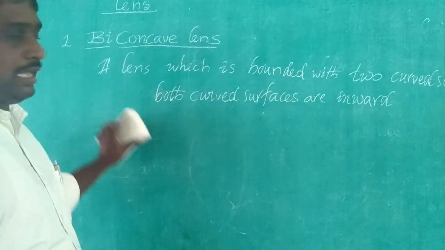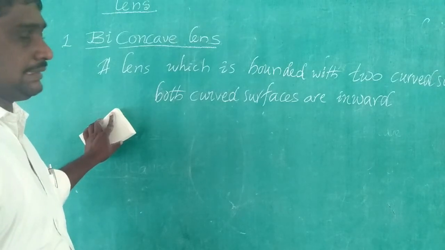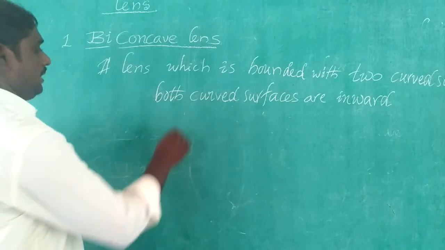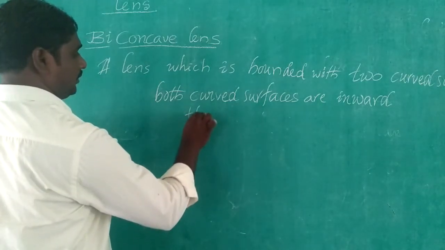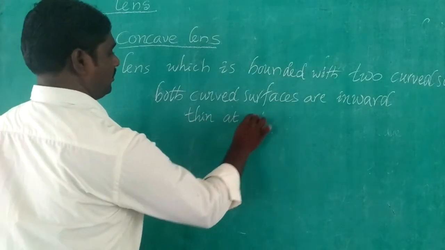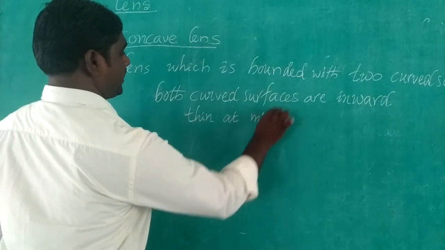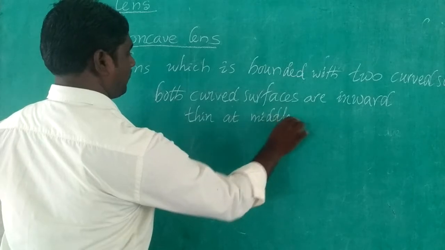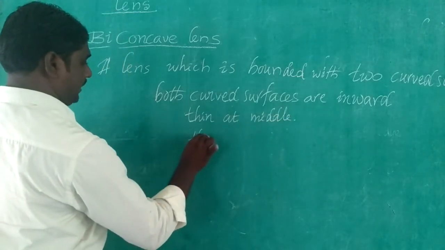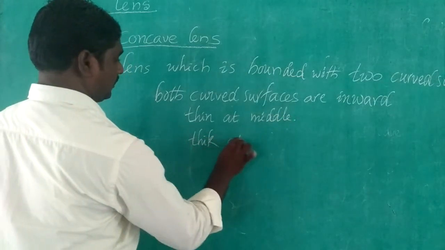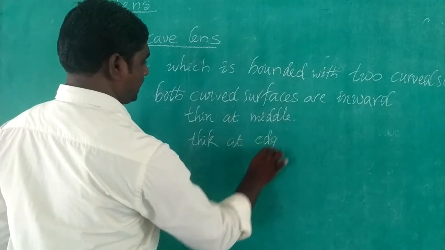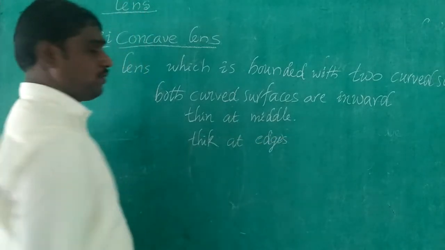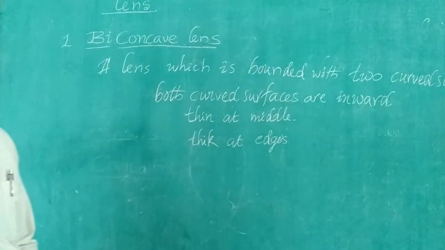And the lens which is thin at the middle and thick at the edges is called a biconcave lens.